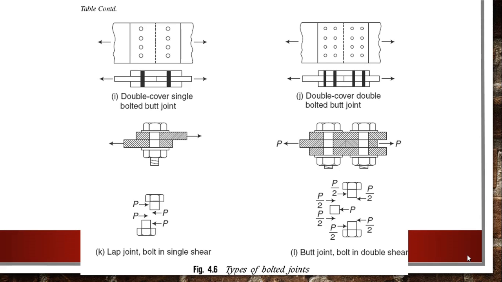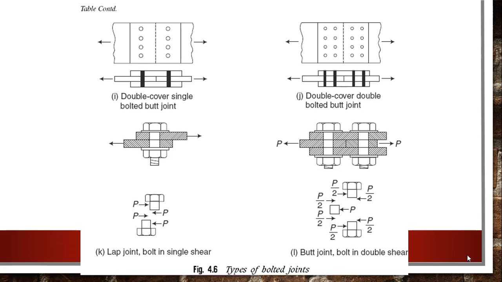In both the plates there is a single row of bolts. In figure number 2, the double cover double bolted butt joint, the two plates are connected with the help of two cover plates and bolted connection in two rows. So basically this is the overall diagrammatic representation of the types of bolted joint, that is lap joint and butt joint.